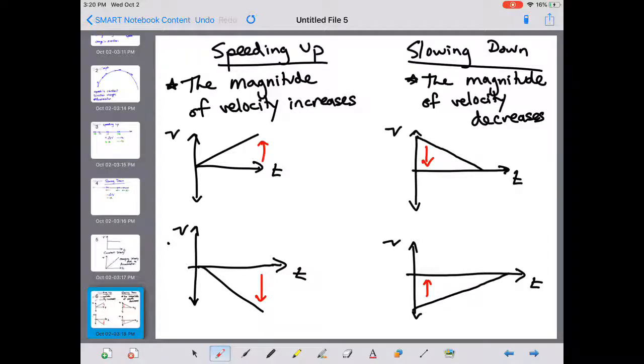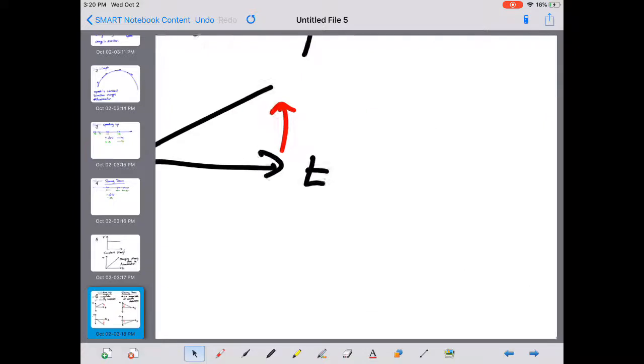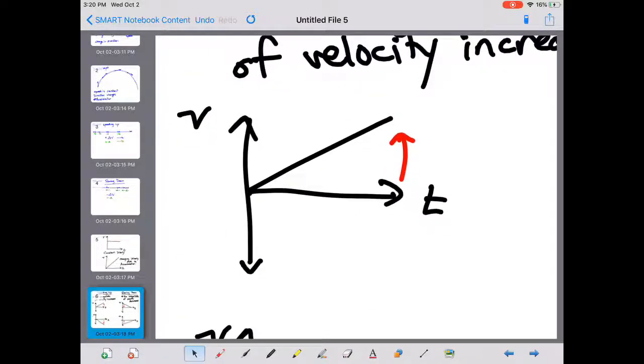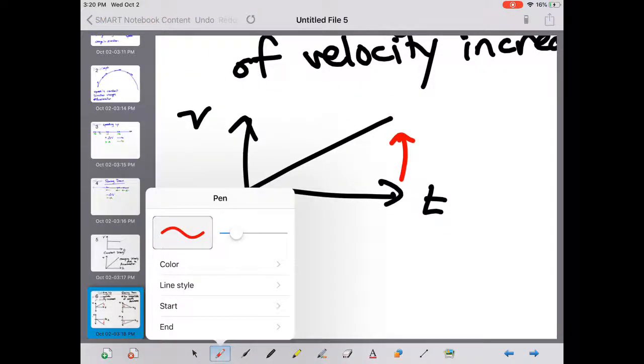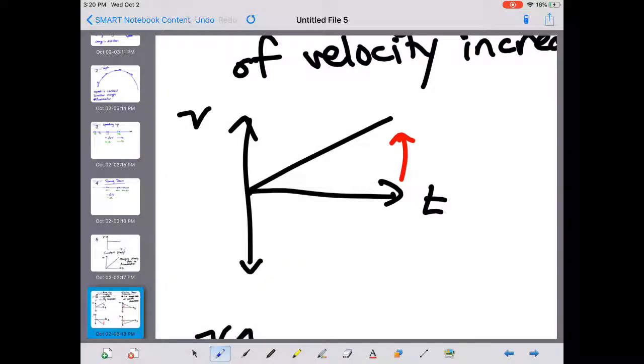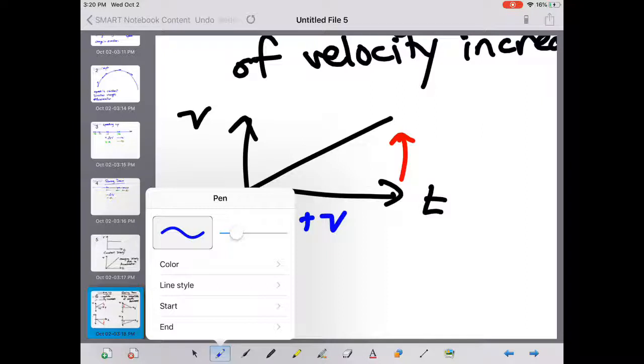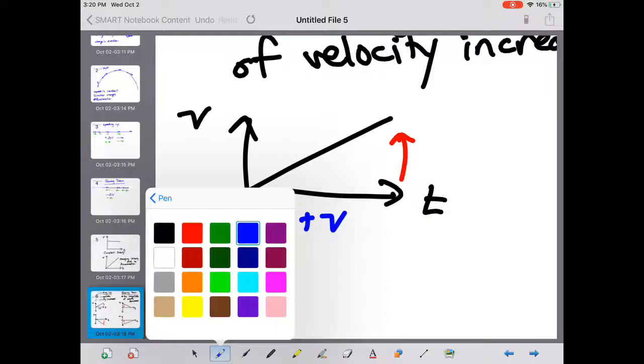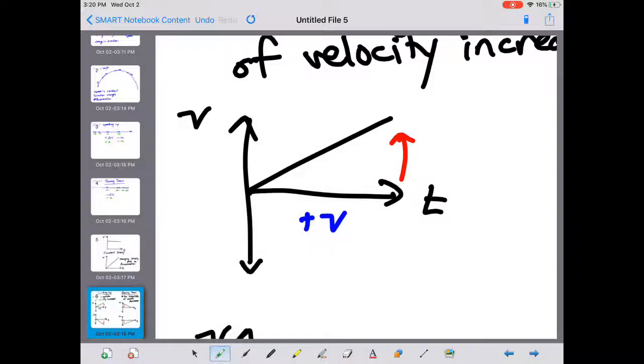But what's hard about this is that the slope can be in different directions. So let's kind of analyze these a little bit closer. Let's look at this one right here. So in this case, I have a positive velocity. And if you look at the slope of my velocity here, the slope of my velocity is also positive.